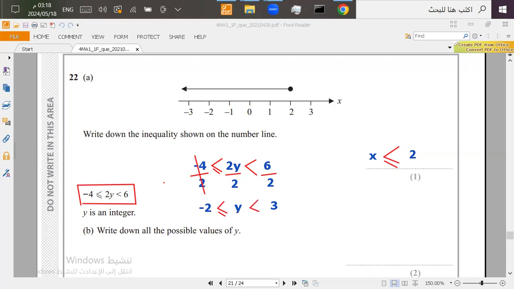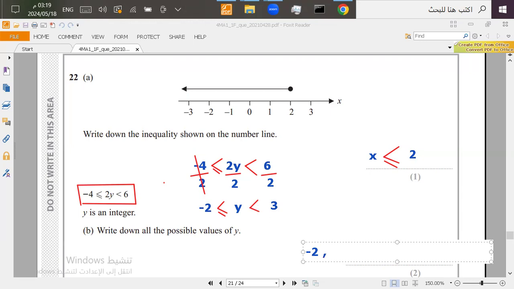Now I can say what are the numbers here in this inequality. First, I can see that this is an equal sign. An equal sign means -2 is included. So I'm going to write -2, the first number. And then the numbers between -2 and 3, but I don't have to include 3 because there's no equal sign here.